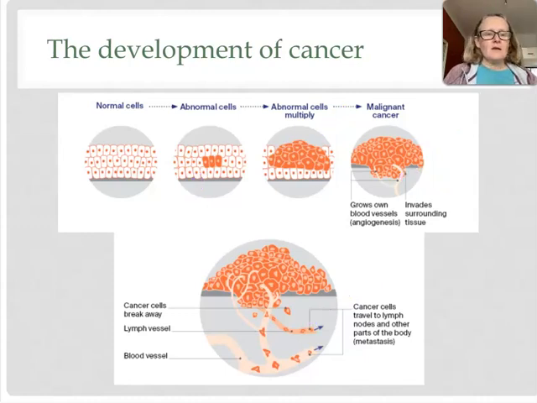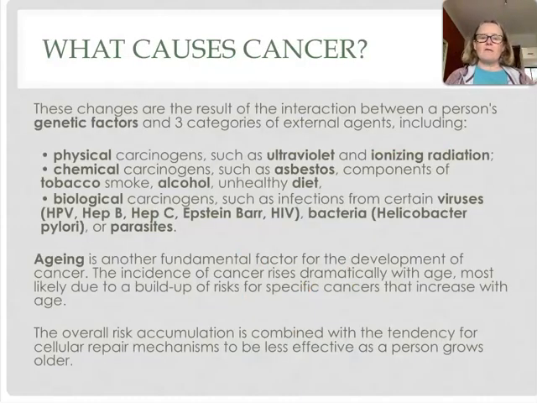So the key thing about cancer is there are many categories of cancer, and they can be triggered by many things. Partly it can start with your own genetics, but you can also get triggered by physical factors. Carcinogens, in other words, cancer-causing agents like ultraviolet light or ionizing radiation.